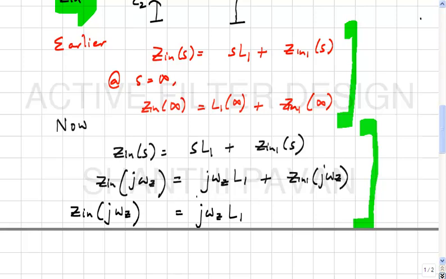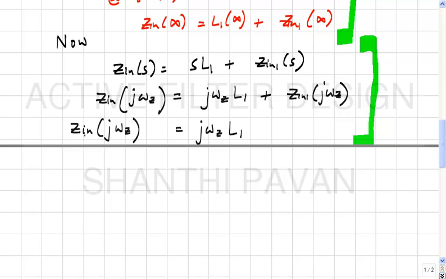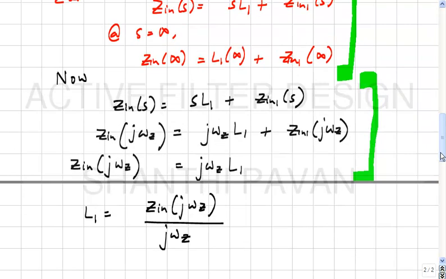Is that clear? So in other words, L1 must simply be equal to Zn evaluated at j omega Z divided by j omega Z. Okay. All right.